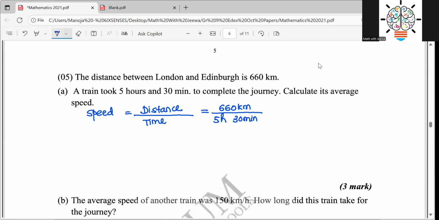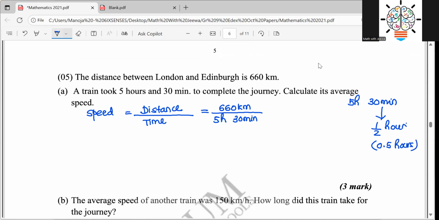Here we have kilometers, and here we have hours and minutes. Therefore, first I want to convert this into hours. 30 minutes is half an hour, which means 0.5 hours.